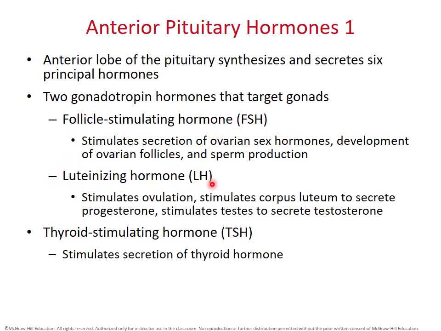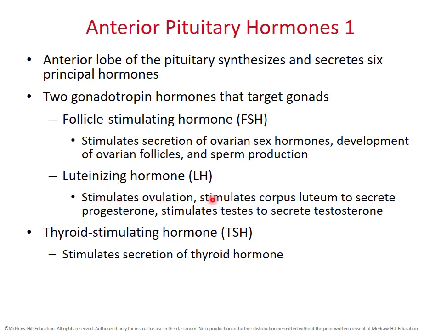Luteinizing hormone, on the other hand, also affects the gonads, but it affects them in different ways. Luteinizing hormone, for instance, stimulates the actual event of ovulation. So this is the hormone that spikes during the time of ovulation.